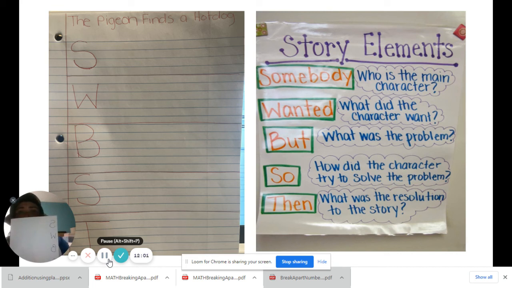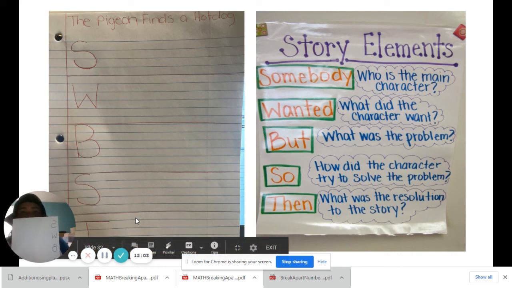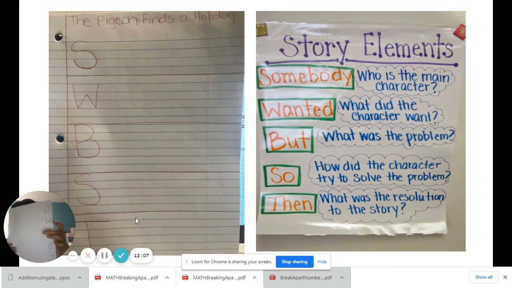Now we're going to go to so. How did the character try to solve the problem? So we've written right next to our B what the problem is. Now on S, we're going to write how they solved the problem. So did Pigeon eat the hot dog all by himself?